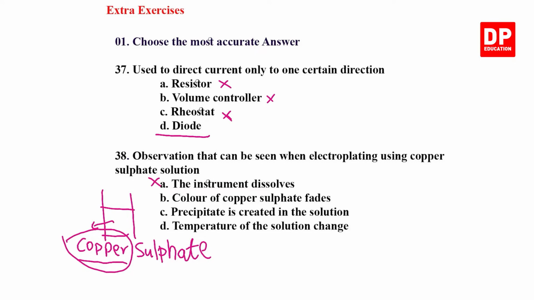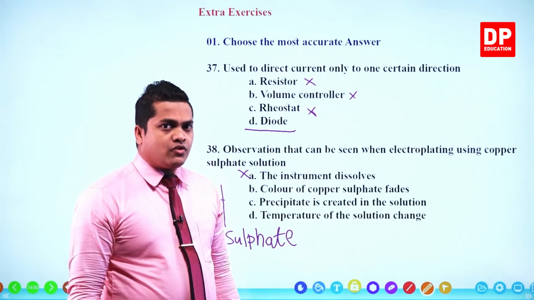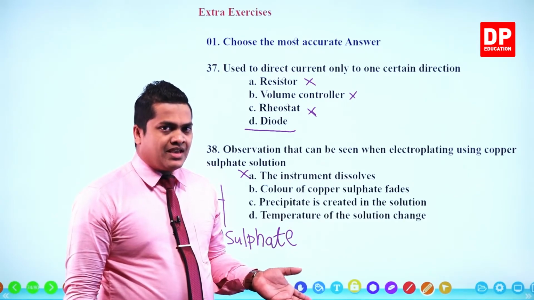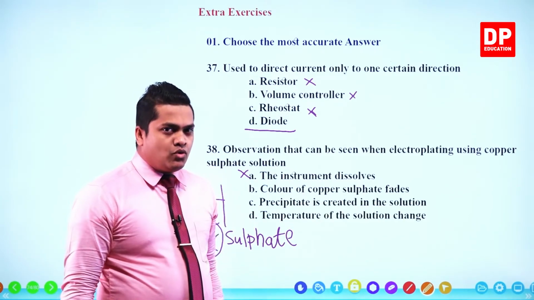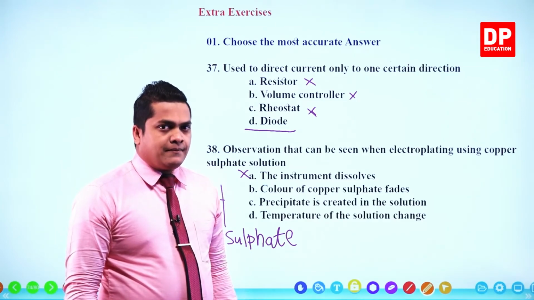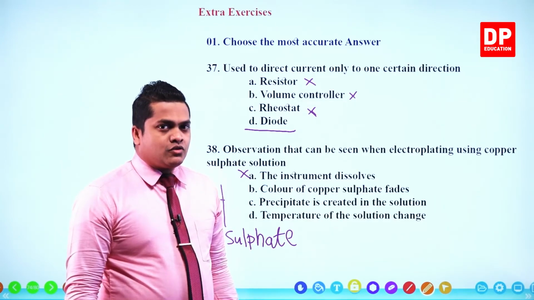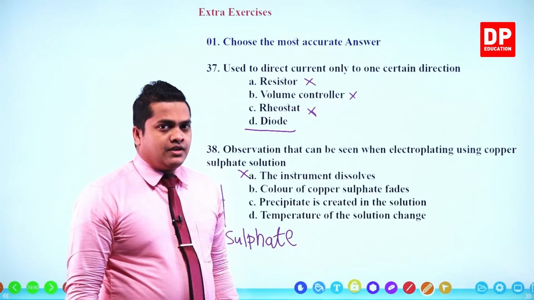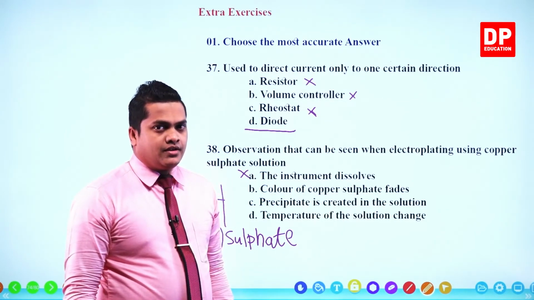So if the amount of copper is getting reduced from time to time, definitely the blue color should fade away. So after some time, the blue color of the solution is going to fade, right?